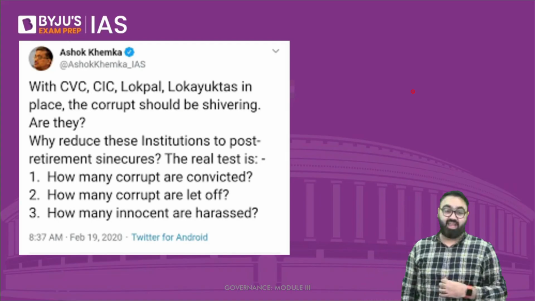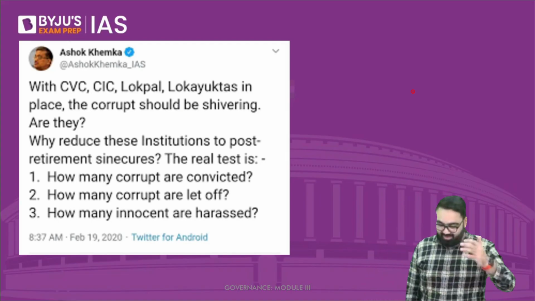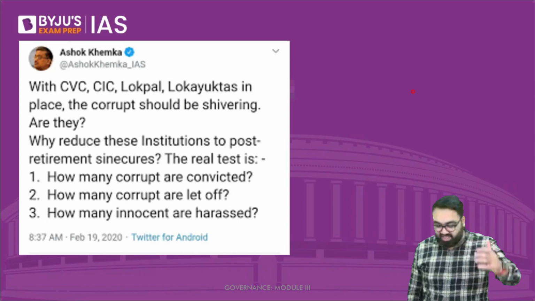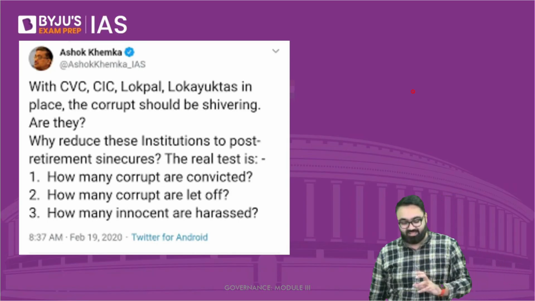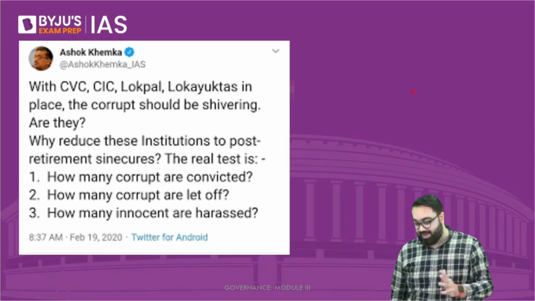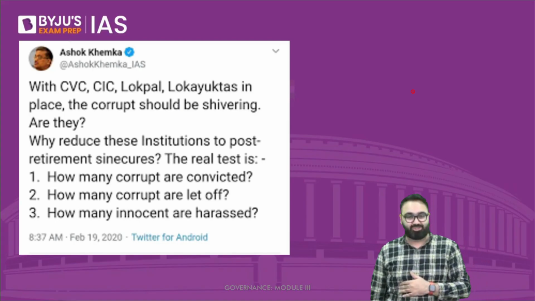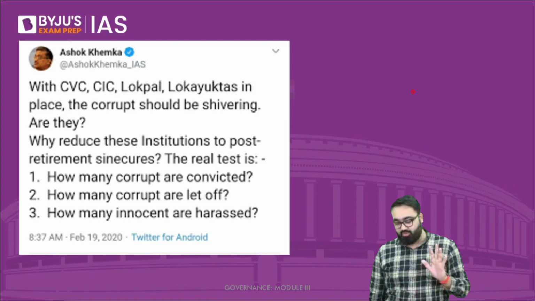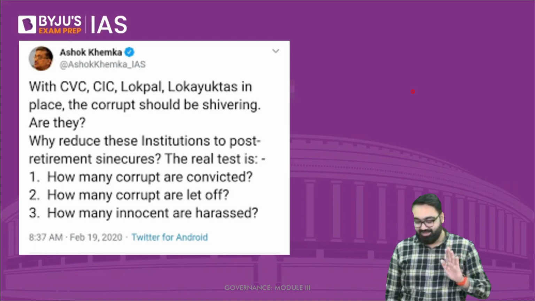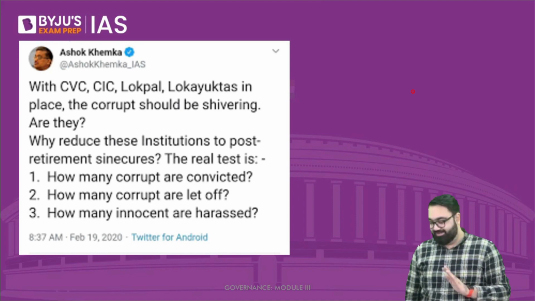So this is again an example, a suggestion to you. As I said, governance classes are more than just for exam. I'm teaching you how to be a good IAS officer. If you don't want more than 50 transfers, don't write these kind of tweets. Okay? So that's again a suggestion for you.